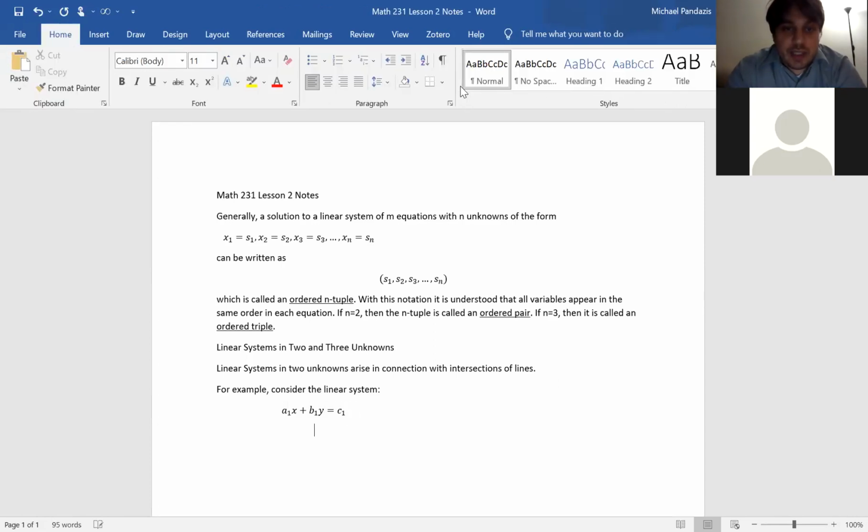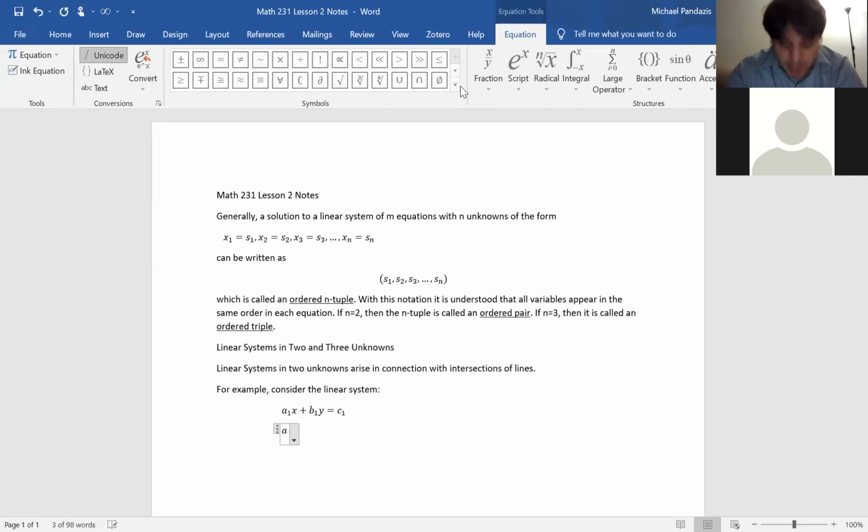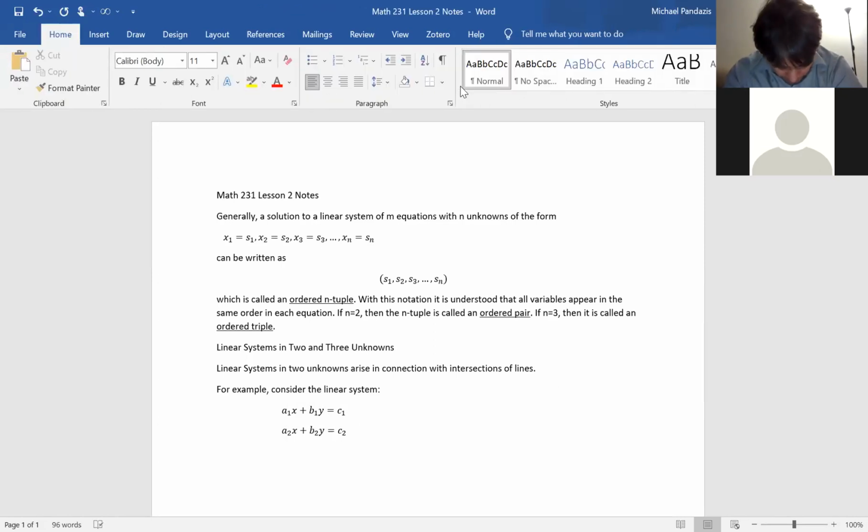And the second equation in that same linear system is A2x plus B2y is equal to C2. Okay? In which the graph of each equation is a line in the xy plane. So each of those equations is graphed by a line in the xy plane.